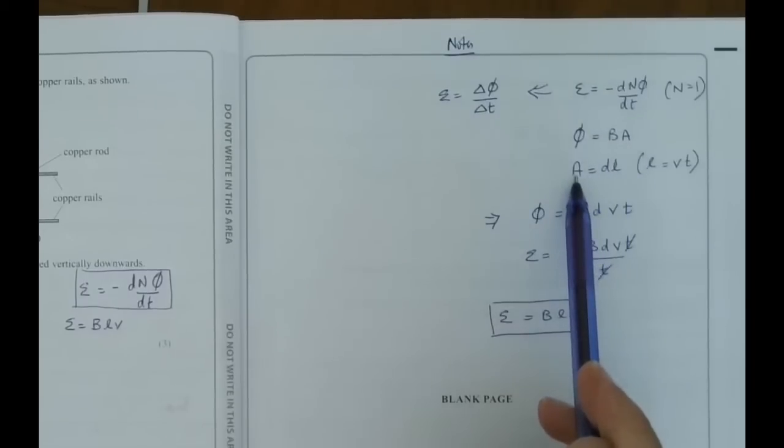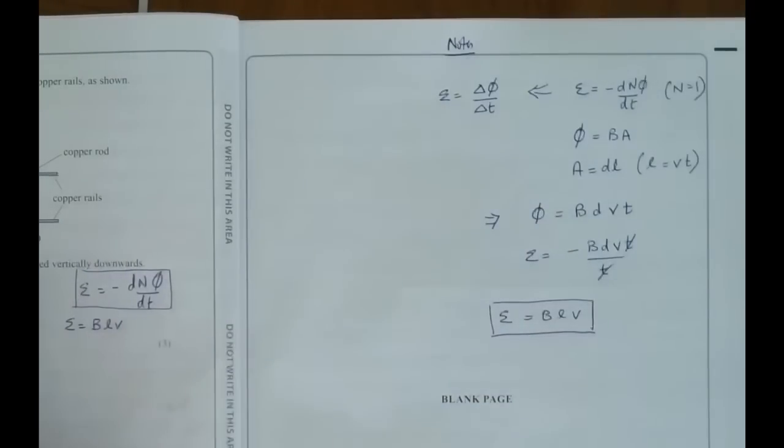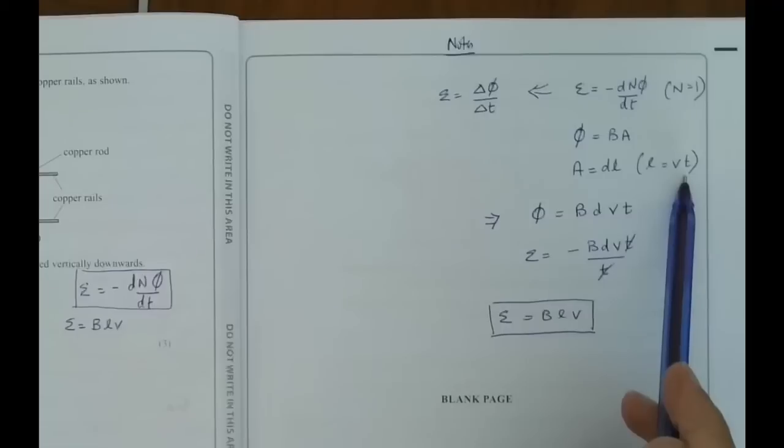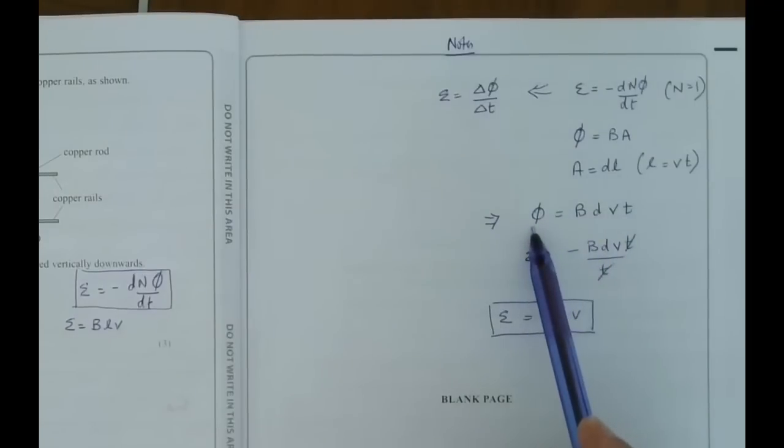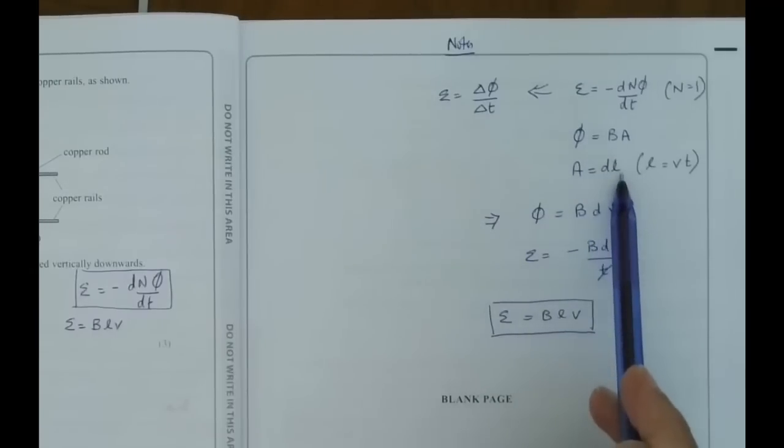The area that is cut out is dL, where L is velocity multiplied by time. As it moves across, you could say L = vt. So you can rearrange the equation with Φ being B times d times L, where L is vt.